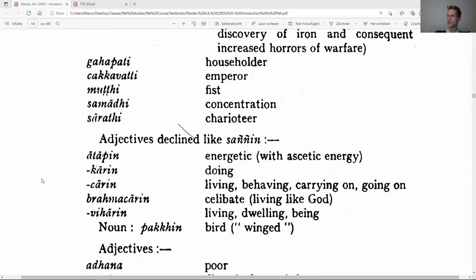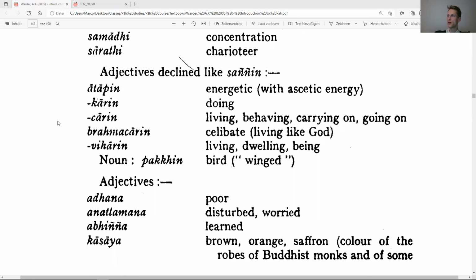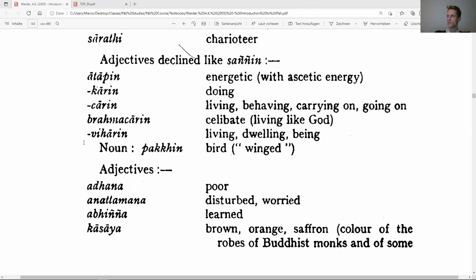Sarathi, charioteer, and a few adjectives declined like sanyin. Atapin, energetic, with ascetic energy. Karin, doing. Carin, living, behaving, carrying on, going on. Brahmacarin, celibate, living like a god. Viharin, living, dwelling, or being.